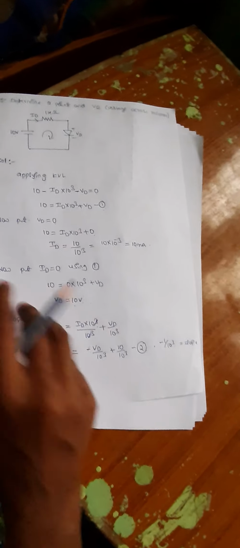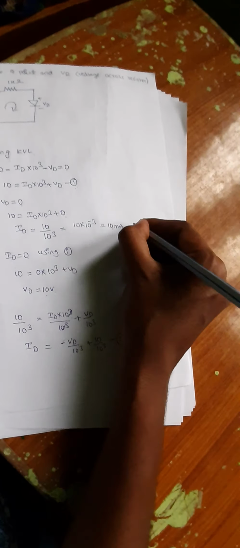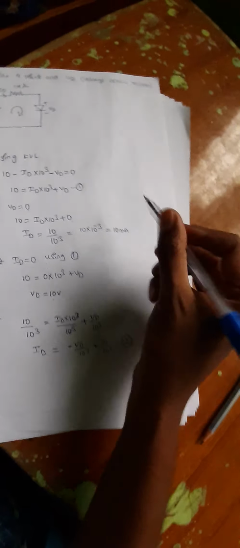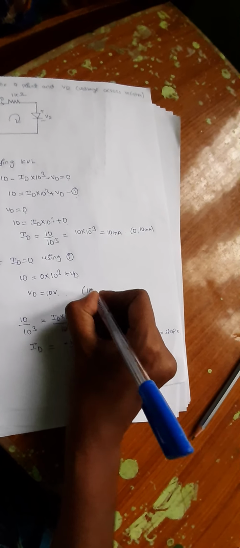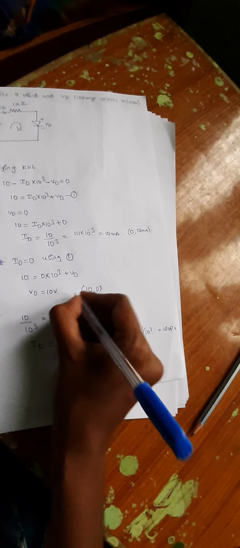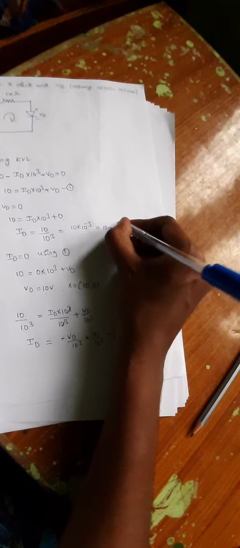The load line is given with coordinates 0 comma 10 milliamps on the y axis, and 10 comma 0 on the x axis.